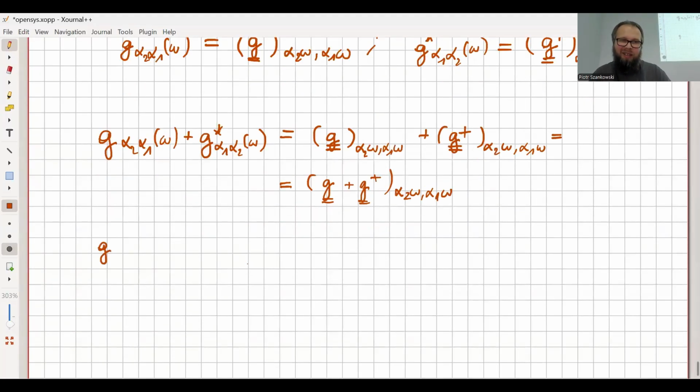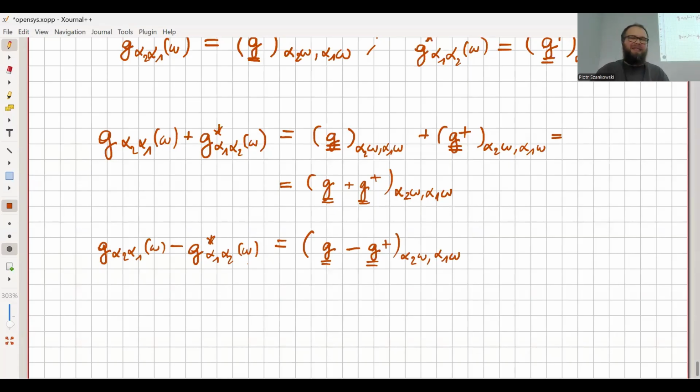And of course, the other one, the difference, minus G alpha 1, alpha 2, omega, will turn into G minus its Hermitian conjugate, its dagger. All right. And now, what does this actually give us? You see, if G is some matrix, it's block diagonal, but that's it.